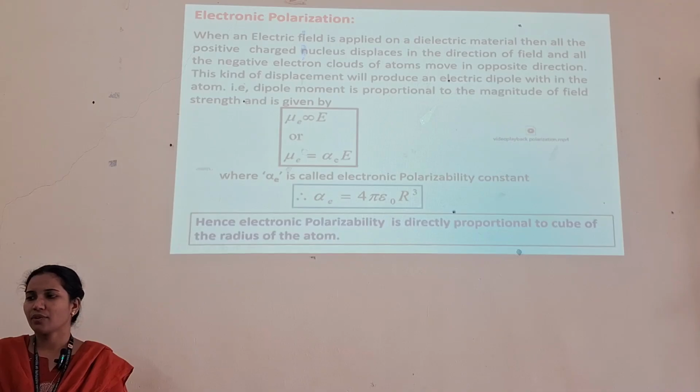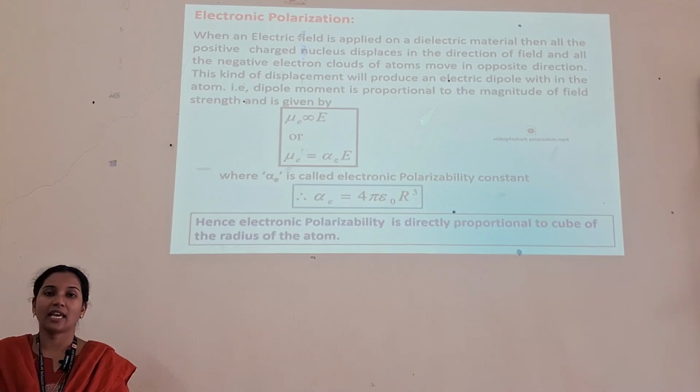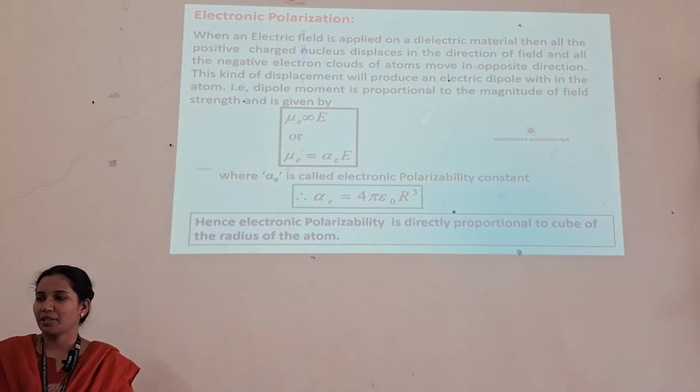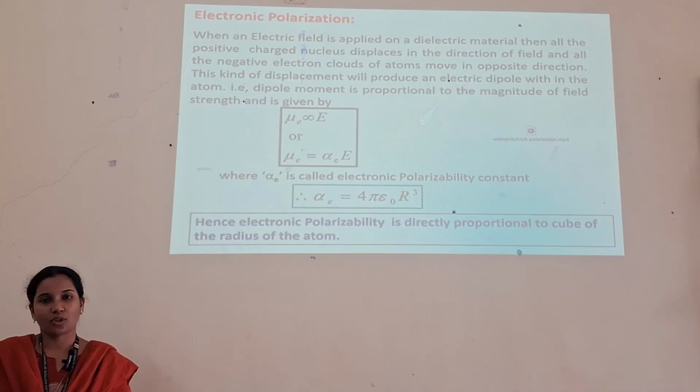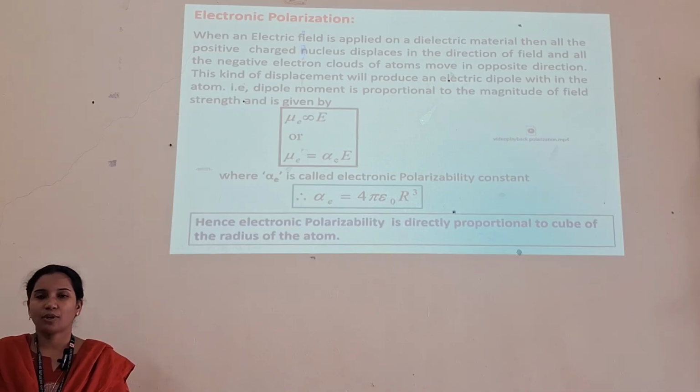The first one I would like to study is electronic polarization. When an electric field is applied on a dielectric material, the positively charged nucleus displaces in the direction of the field and the negative electron clouds of atoms move in the opposite direction.